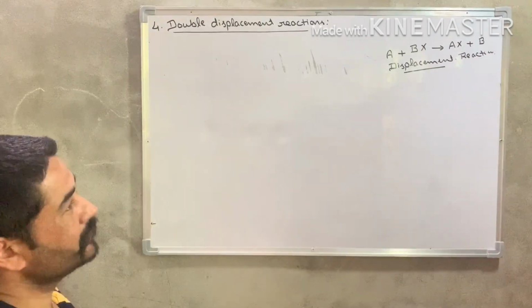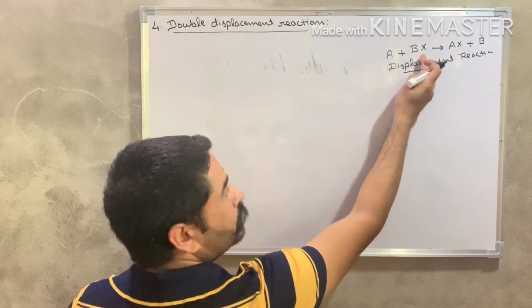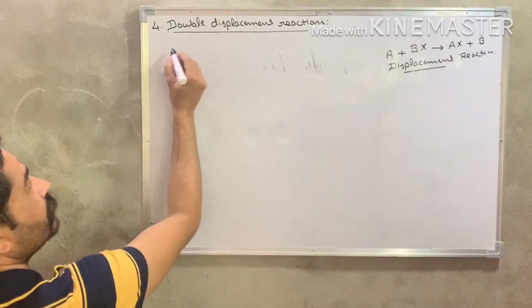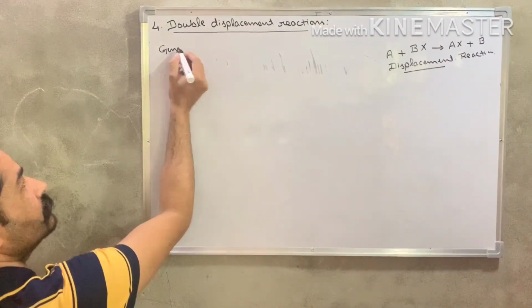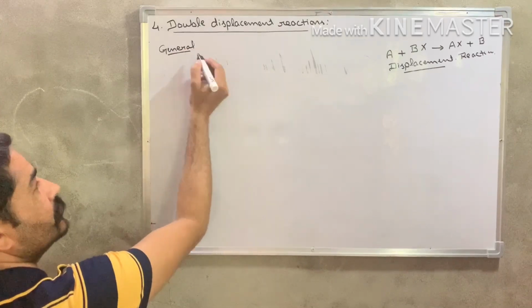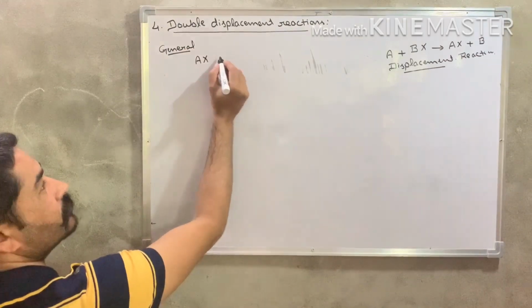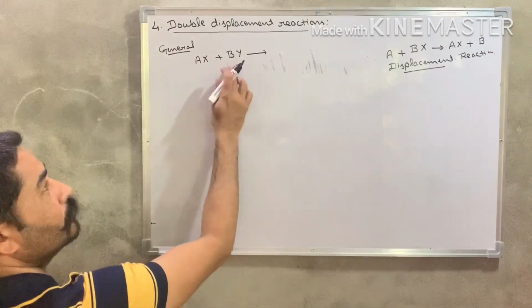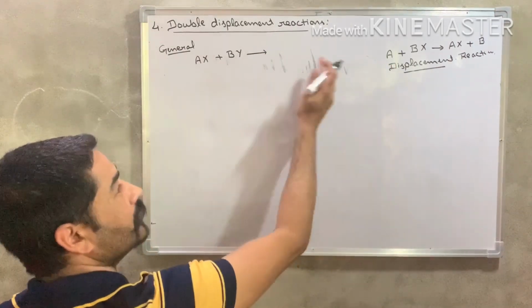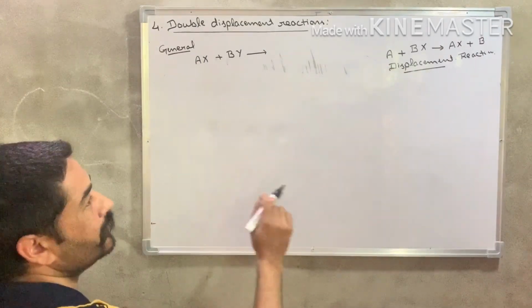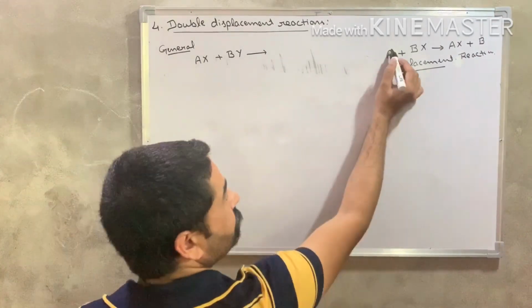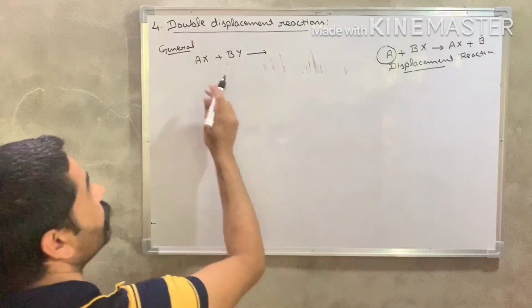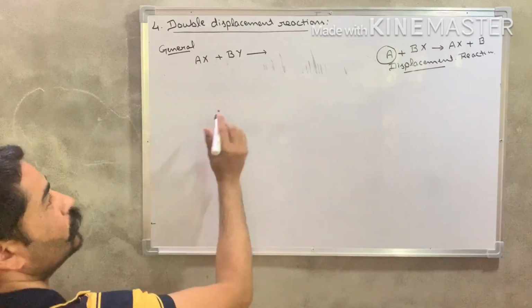Whereas in double displacement reaction, two compounds will be there. If I write a general form, AX is one compound and BY is another compound. This is the difference you can observe between double displacement reaction and displacement reaction. There it is a single element which is more active, whereas in double displacement there are two compounds.